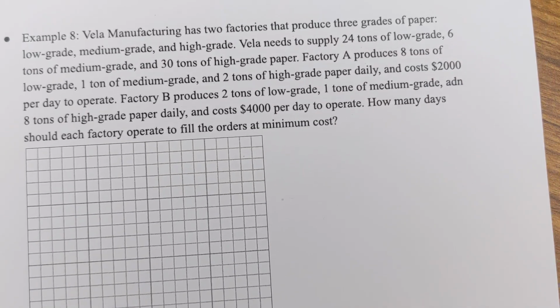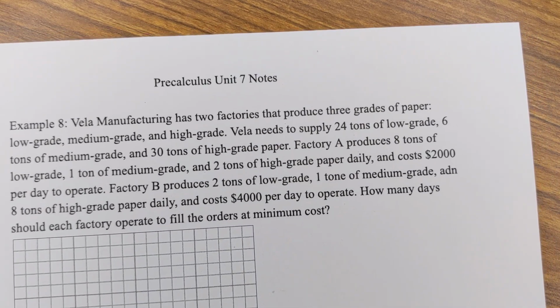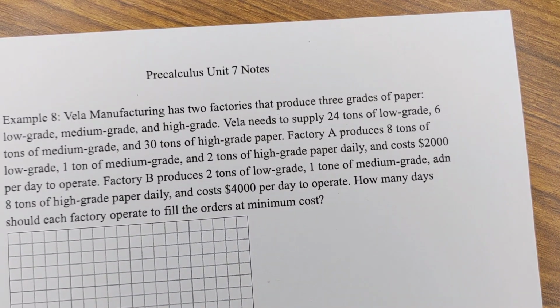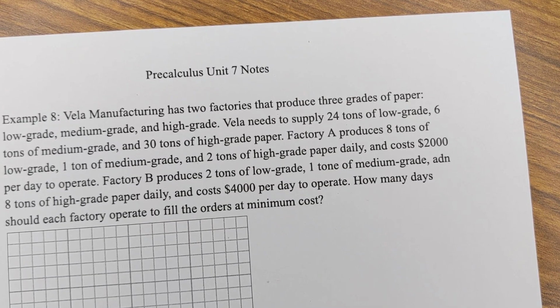All right, so example 8, which I believe is the last one. Okay, Vela Manufacturing has 2 factories that produce 3 grades of paper: low, medium, high. They need to supply 24 tons of low, 6 of medium, and 30 tons of high grade. A produces 8, 1, and 2. It costs $2,000 per day to operate. B costs $4,000 to operate. How many days should each factory run in order to fill the order at minimum cost?